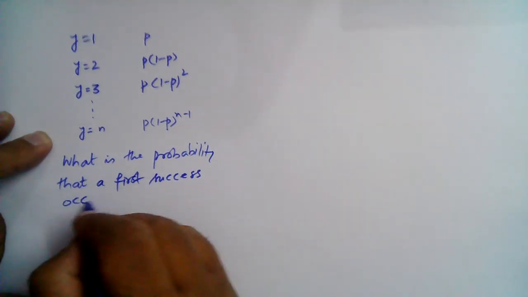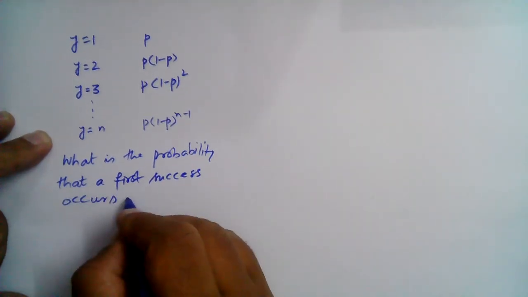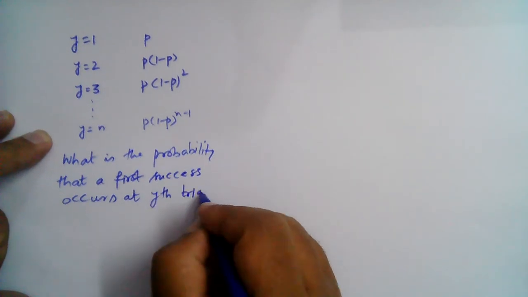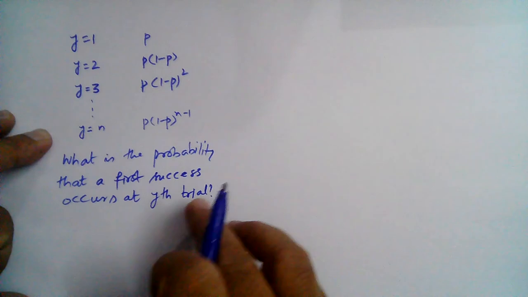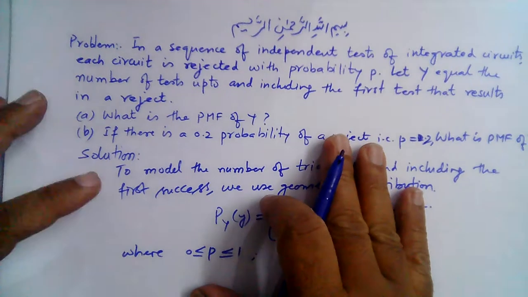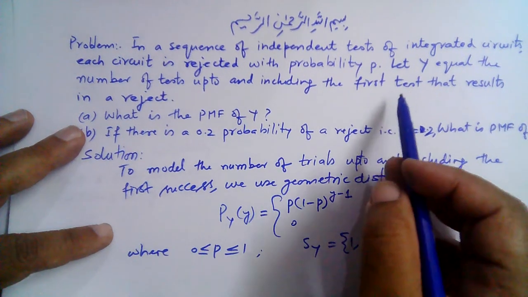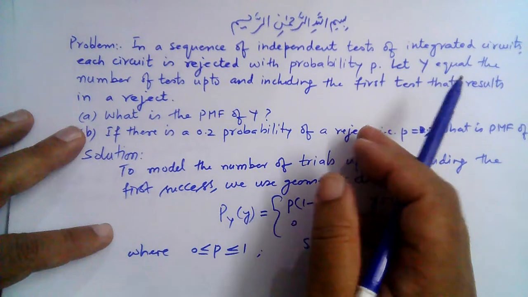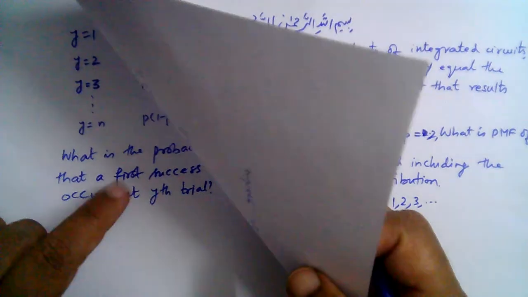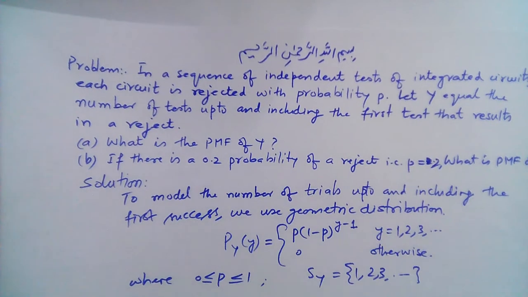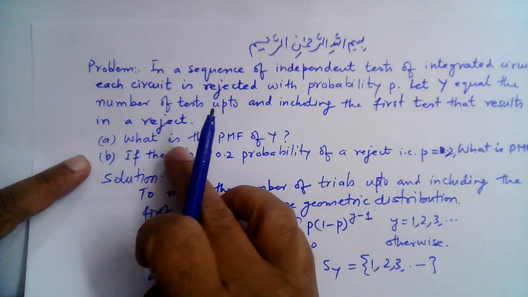To calculate this kind of probability, we use the geometric distribution. And note that in our given case, this first reject is our first success, right? So when you get a reject, we treat it as a success as described here. So this solves part A of our given problem.